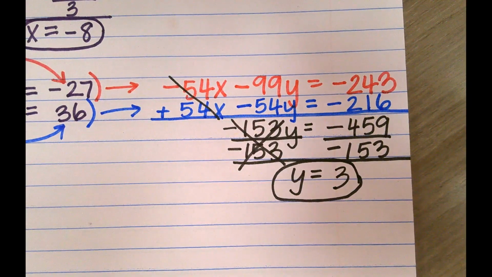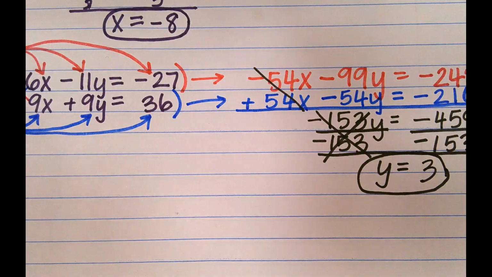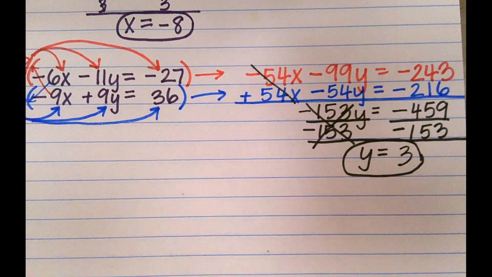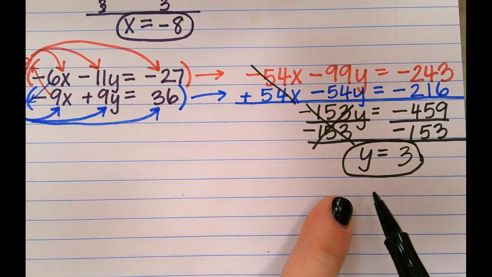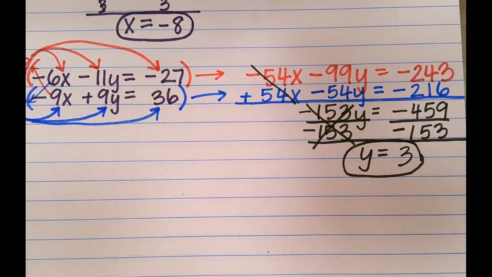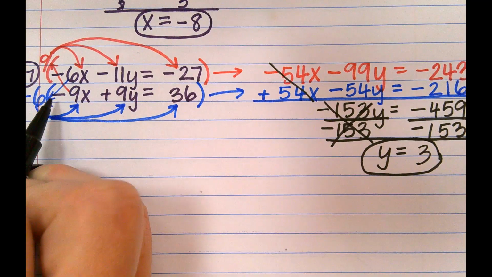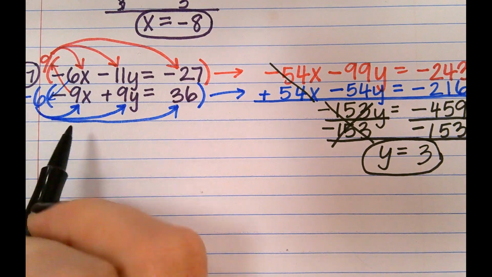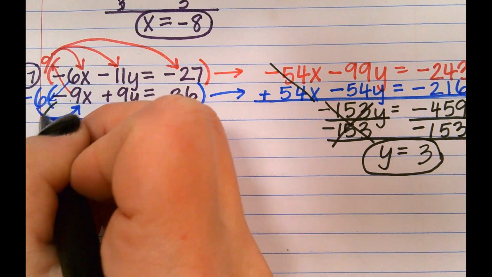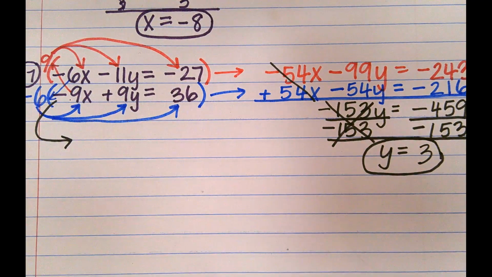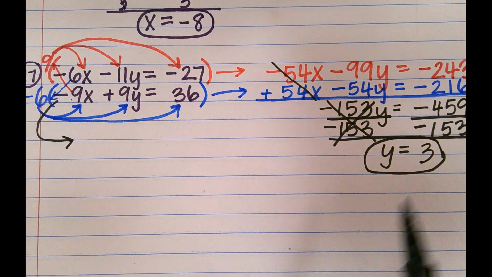Okay, so we got y equals 3. Where do we go next? Plug the y equals 3 into the bottom equation, like our original. You could do it with the top, absolutely; you could do it with either.